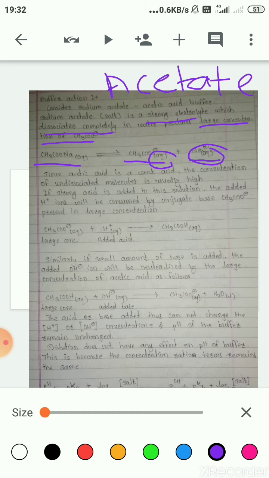Since acetic acid is a weak acid, it dissociates incompletely in water, and therefore the concentration of undissociated acetic acid molecules is high in the buffer solution. Now you will get the idea of what exactly is in the buffer solution.